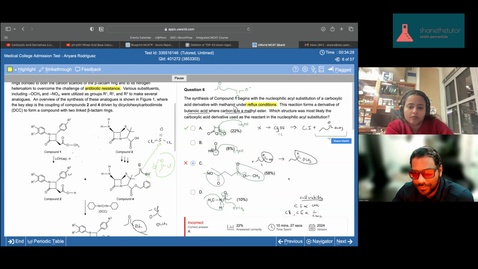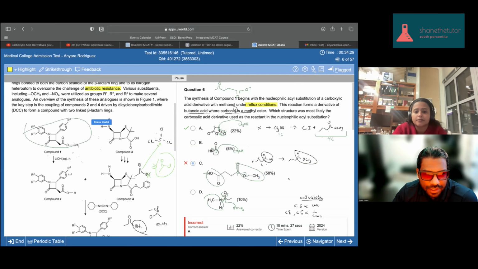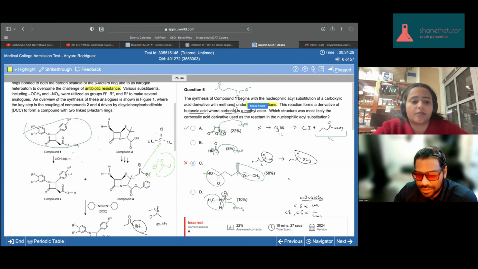That's this one. And we know compound 1 is kind of impossible for it to turn into that, so I think that's what they mean by begins. I think this is just the first step, maybe an intermediate for compound 1.